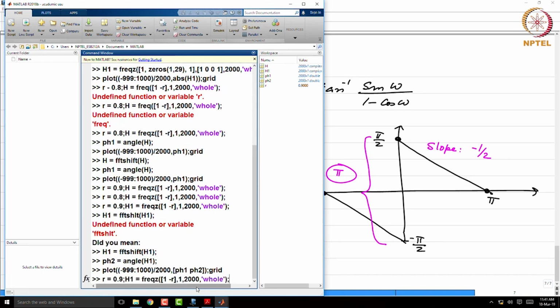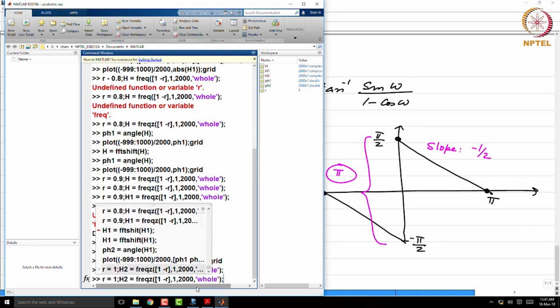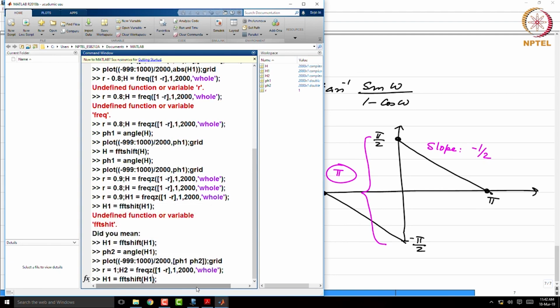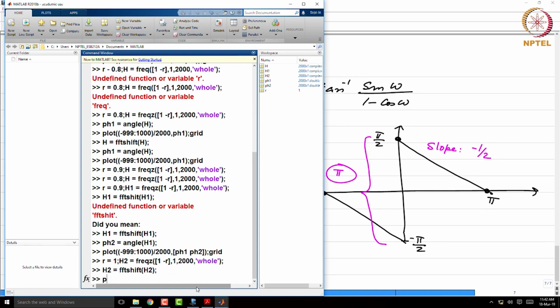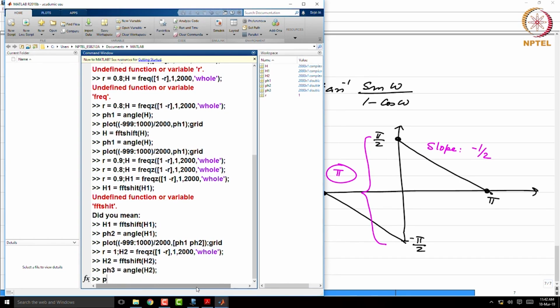And if I now make R equals 1, now let me add this.